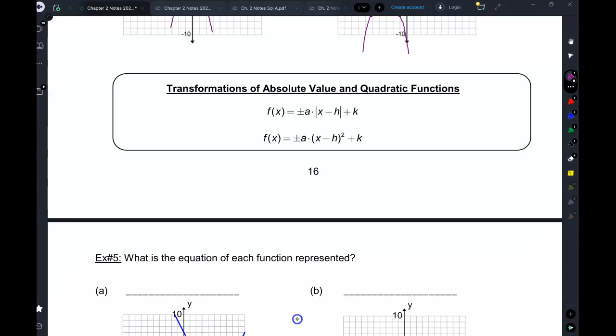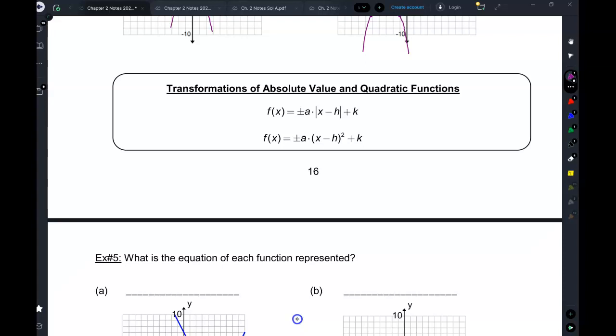Do you see how they're the same when it comes to their transformations? The plus or minus is the same effect. The A is the same effect, a vertical stretch or a compression. H and K, same effect, moves it to the left or to the right. It's important that you recognize this form because this form is going to be the same whether we're graphing cubic functions, logarithm functions, exponential functions, like whatever you can think of, okay?